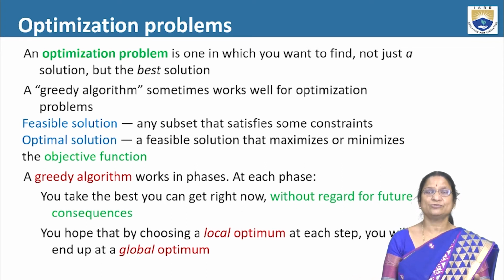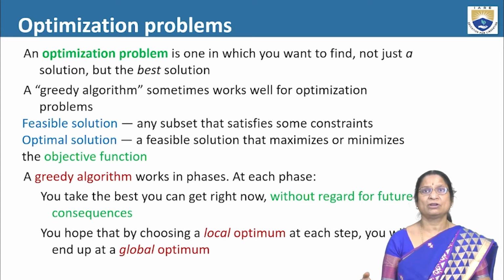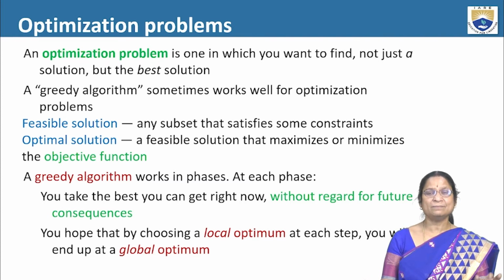Similarly, while traveling on a vehicle, how much petrol or oil it will consume, in such cases we will consider minimum consumption. That is either maximization or minimization. Such problems are known as feasible, optimal problems.